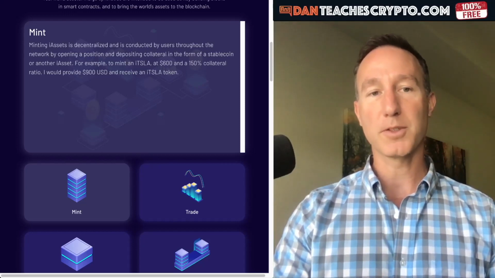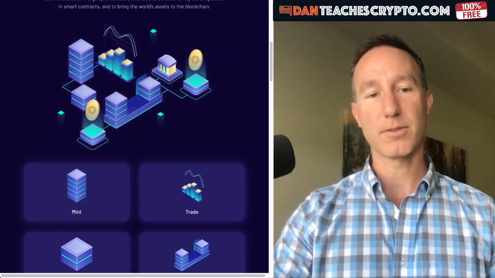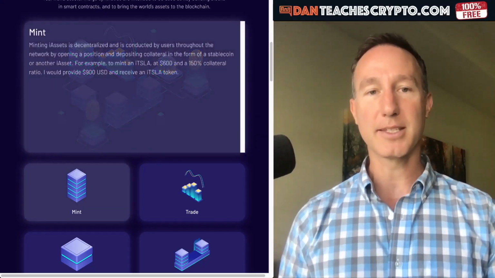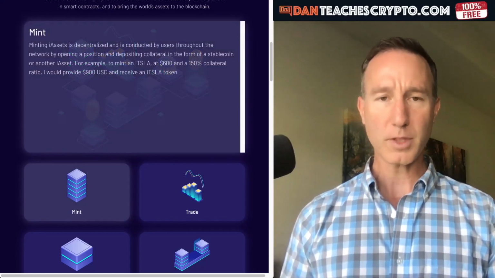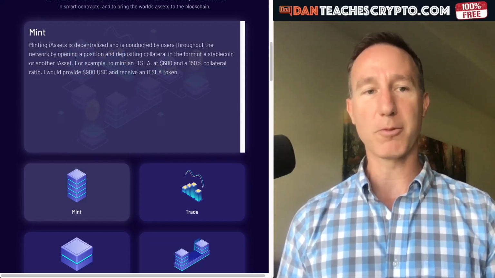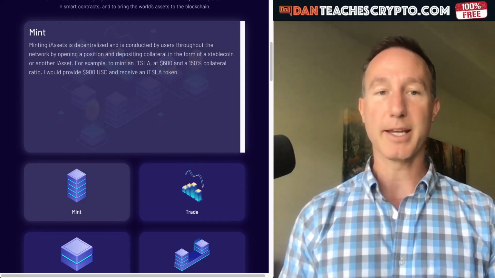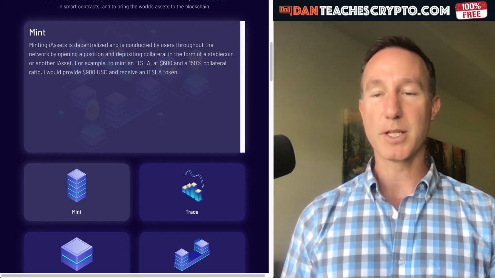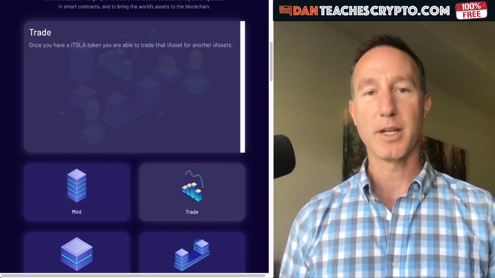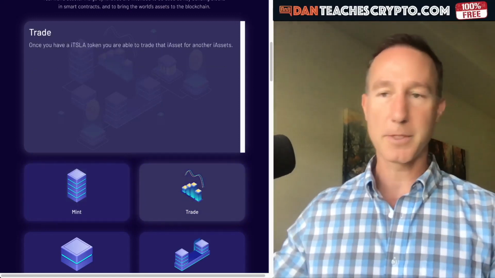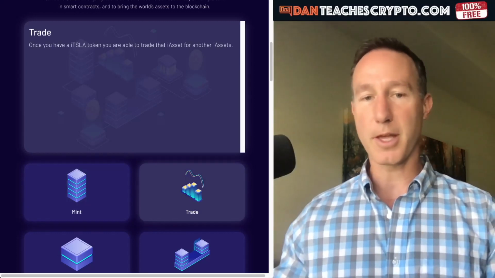And for them to actually mint this, it's to mint a TSLA at $600. Let's say that's what the price is. You need a 150% collateral ratio, so they would provide $900 and receive a TSLA token. And then when you trade it, you can trade that for all different types of assets on this synthetic network.